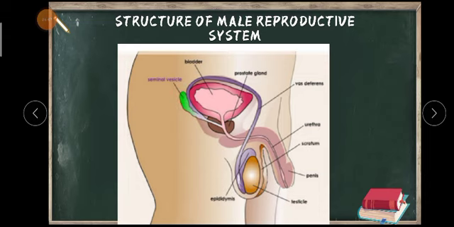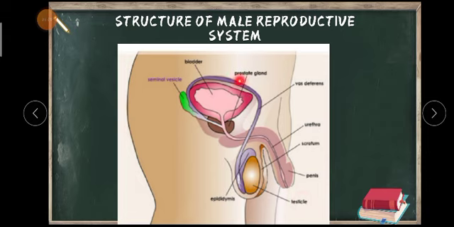The vas deferens goes and gets connected to the urethra at this point. So sperms are produced here, move, and then get connected to the path through which urine comes out. That's why in males the pathway for urine and sperms is the same. Through the same path, males ejaculate sperm as well as urine.